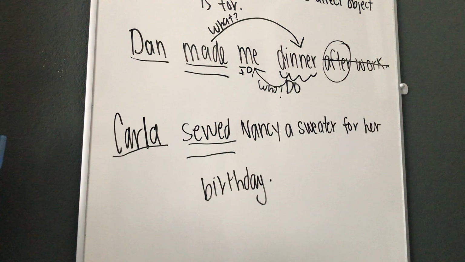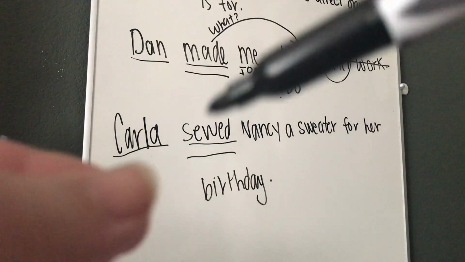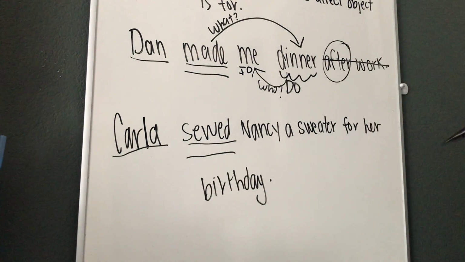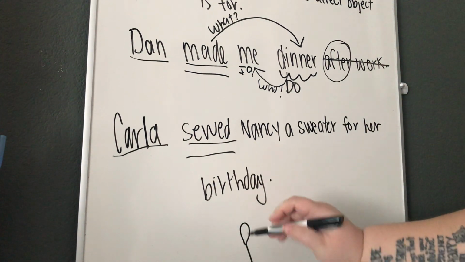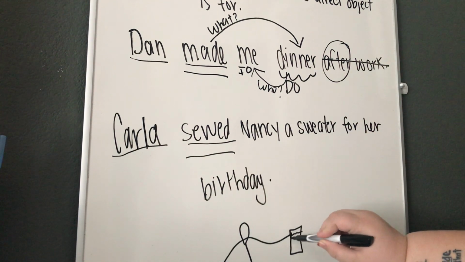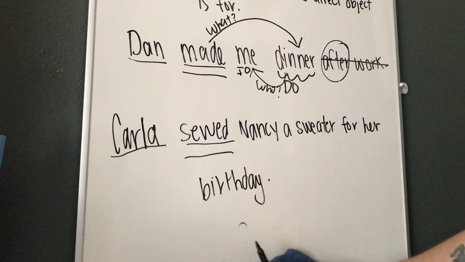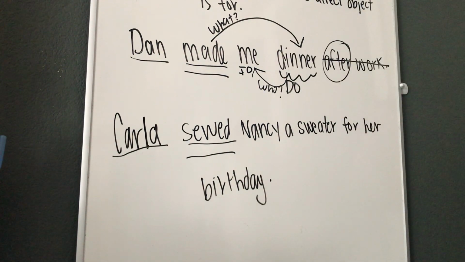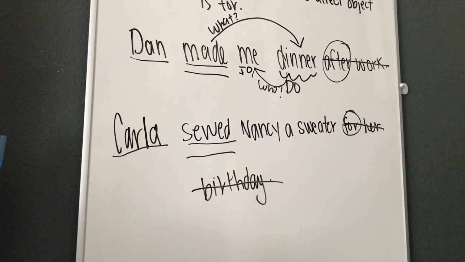Sew is like when you use a needle and thread, so you've got your needle and your thread. And you thread it and then you just sew stuff together like cloth and sweaters. So Carla sewed. I can cross off for her birthday because that's a prepositional phrase.